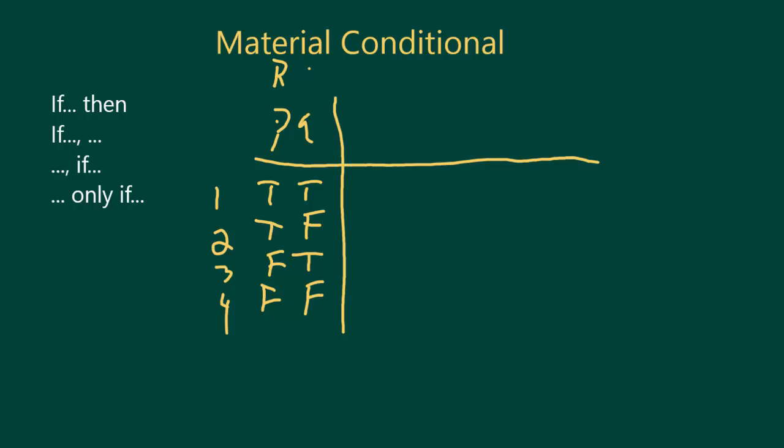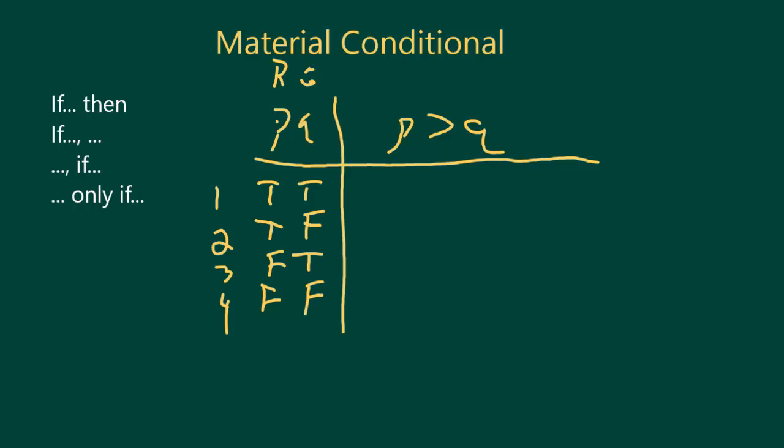For helping us think about it, we can let P be it rains, we can let Q be the grass is green, and we're worried about the statement if P, then Q: if it rains, then the grass is green.